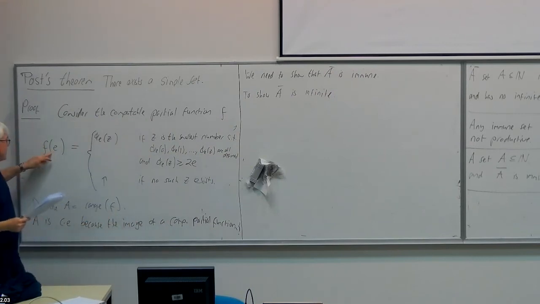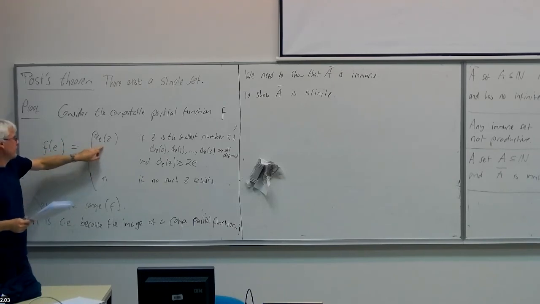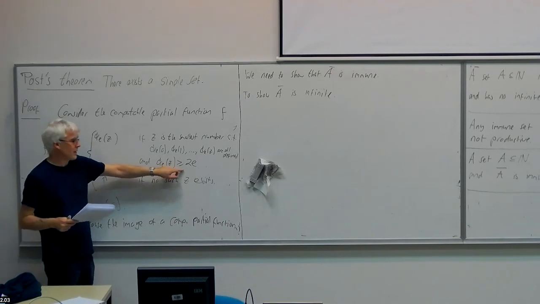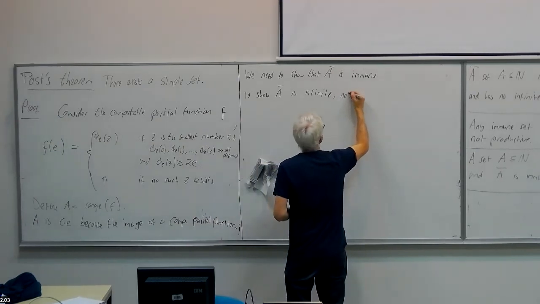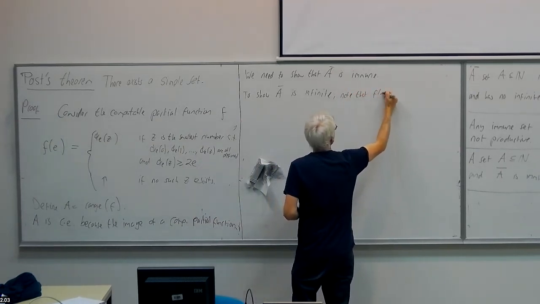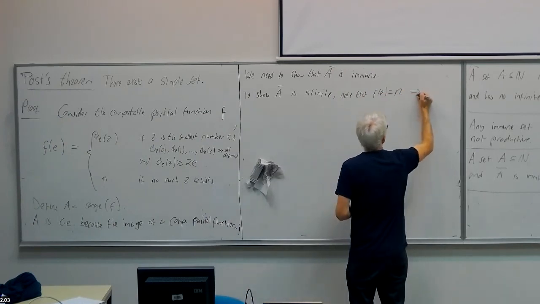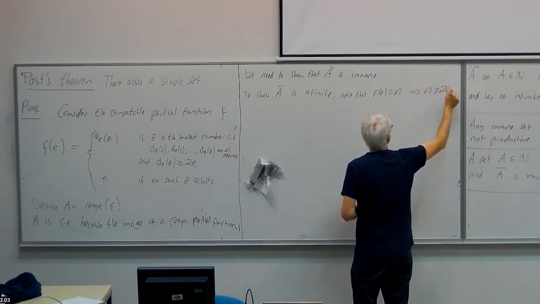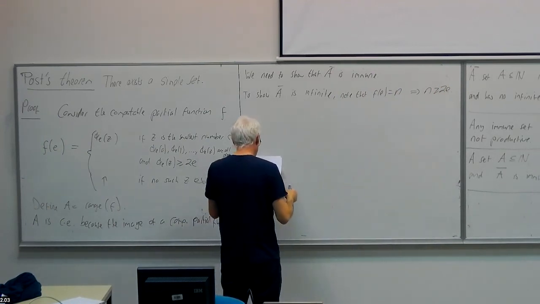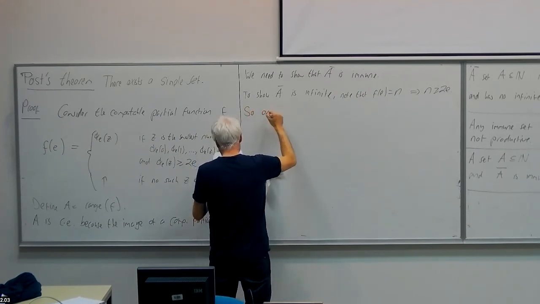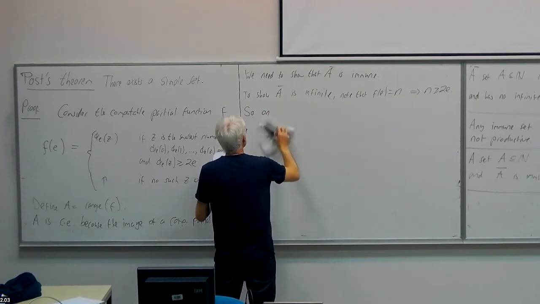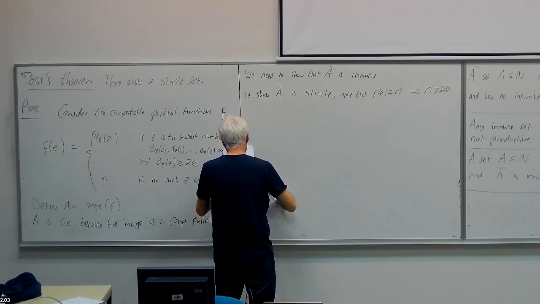Notice that whenever f of e is a number n, such an n must be phi e of z, where phi e of z is greater than or equal to 2e. So note that f of e is n implies that n is greater than or equal to 2 times e.